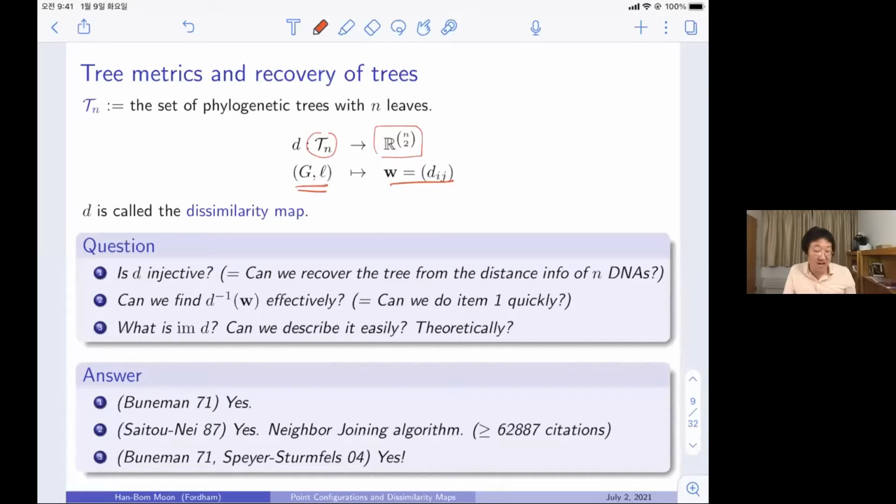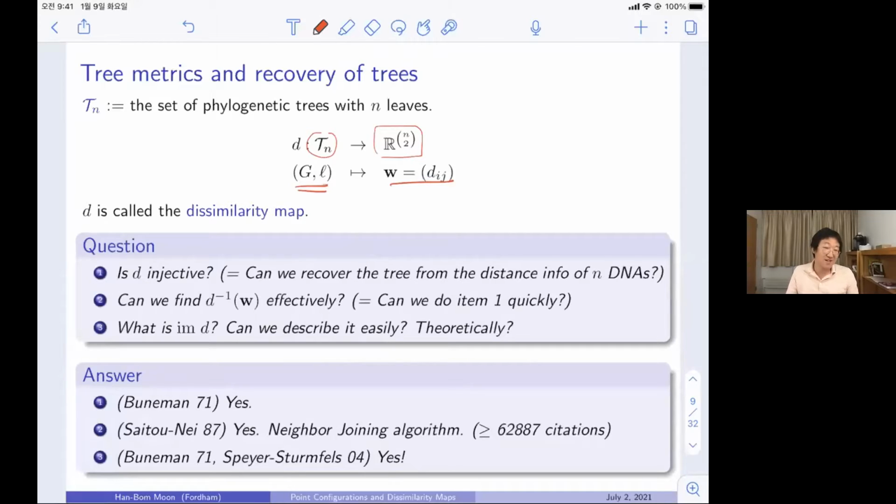But for a long time, people believed that the recovery of the tree is a really difficult problem. However, in 1987, two Japanese computational biologists, Saitou and Nei, proved that there is a very effective way to recover the geometry of the tree. This is called the neighbor joining algorithm.